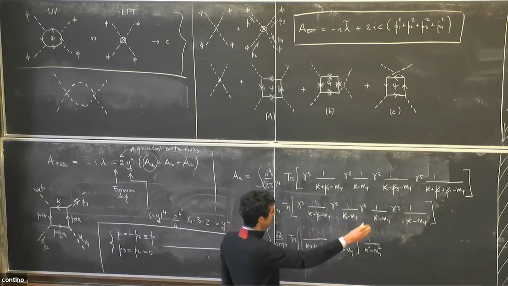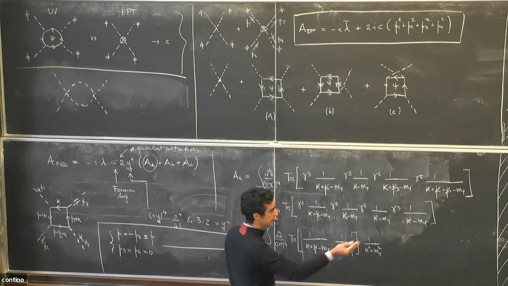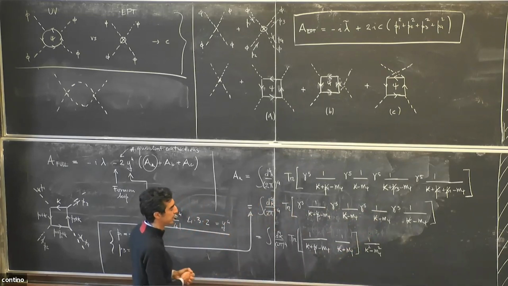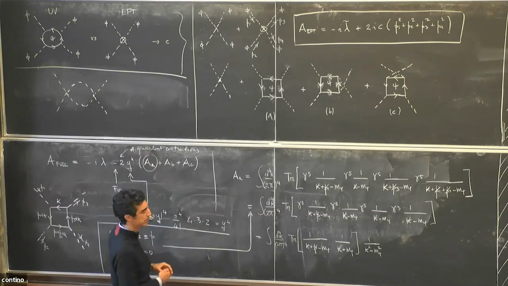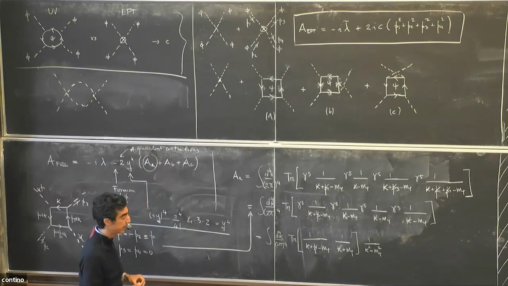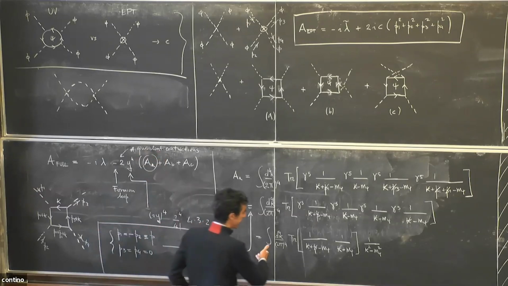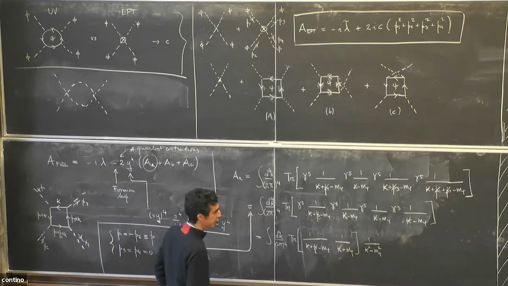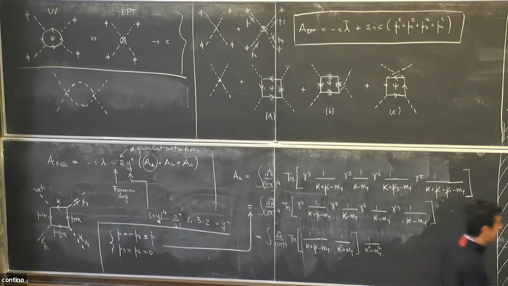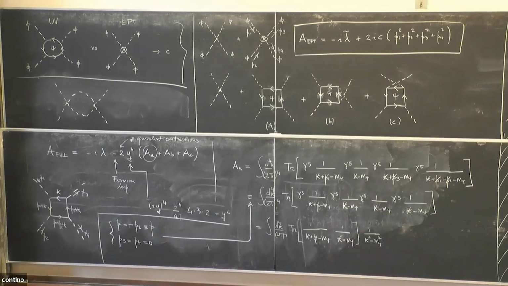Terms of order p to the 4th, p to the 6th, etc. are not needed because they are used in the matching of higher dimensional operators. So I just need to Taylor expand the first term here. That's exactly the Taylor expansion that we were discussing in the first lecture.